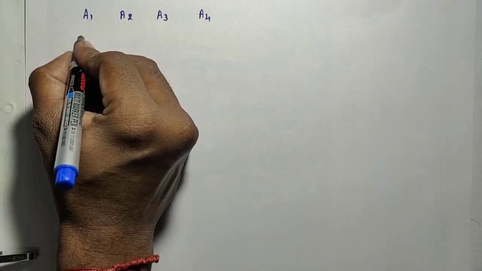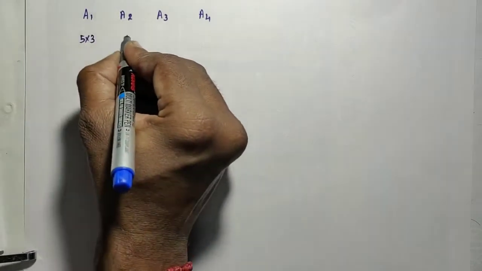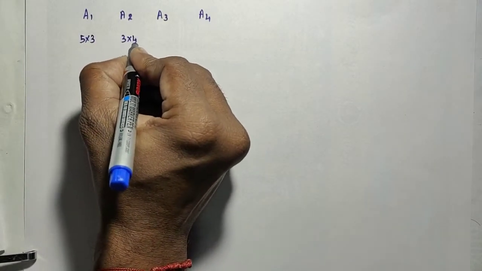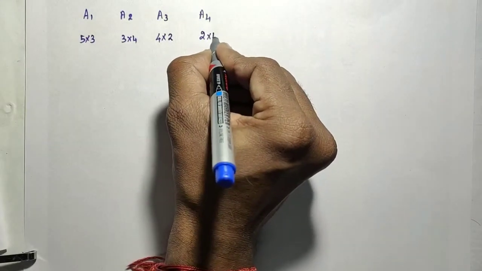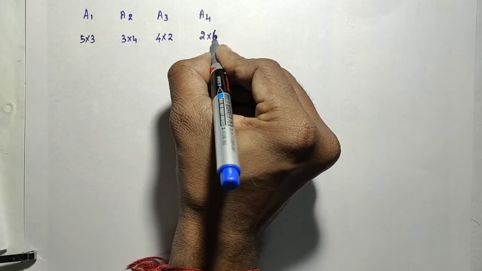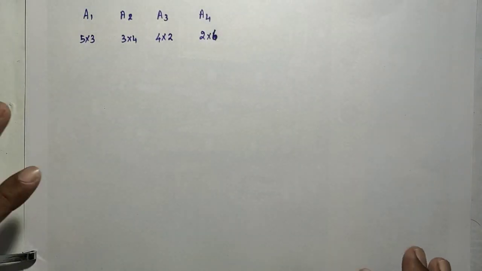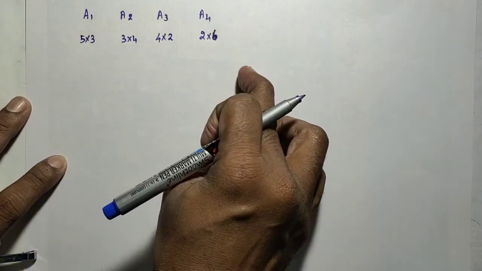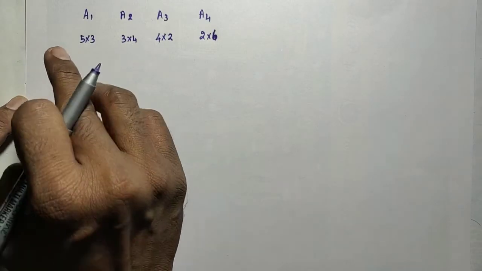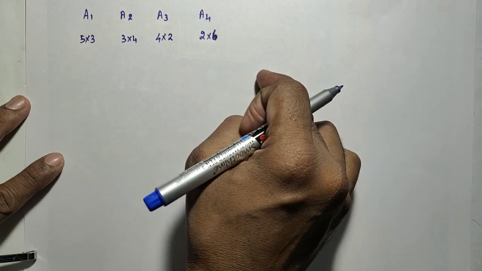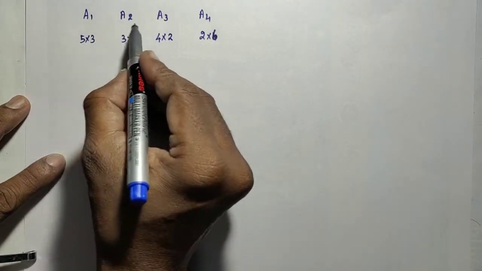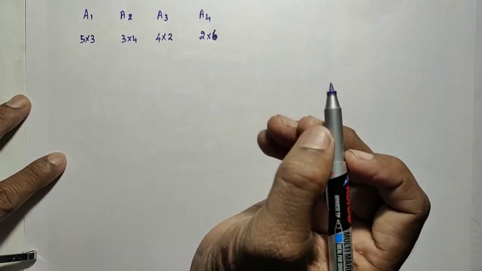The first matrix dimension is 5 by 3, the next is 3 by 4, then 4 by 2 and 2 by 6. So 4 matrices we have taken. Actually this is our input, but the input is going to be given as an array of values. To represent the 4 matrices we need only 5 values.